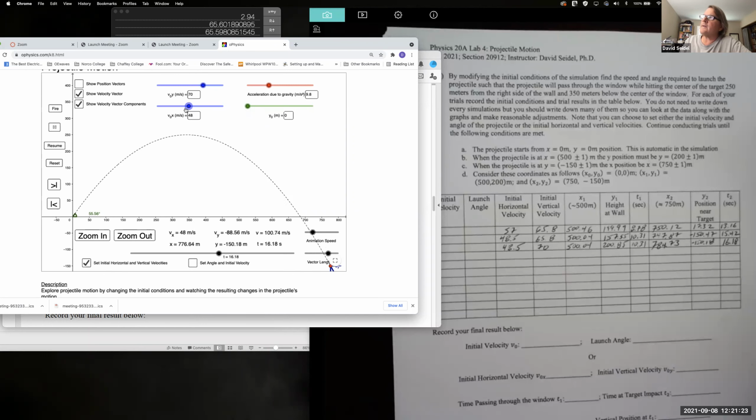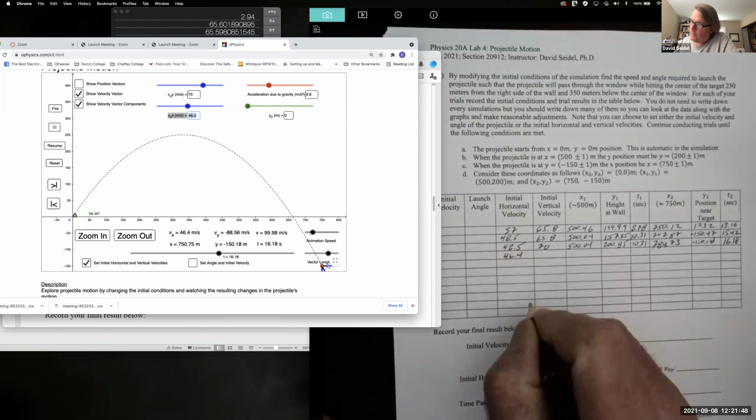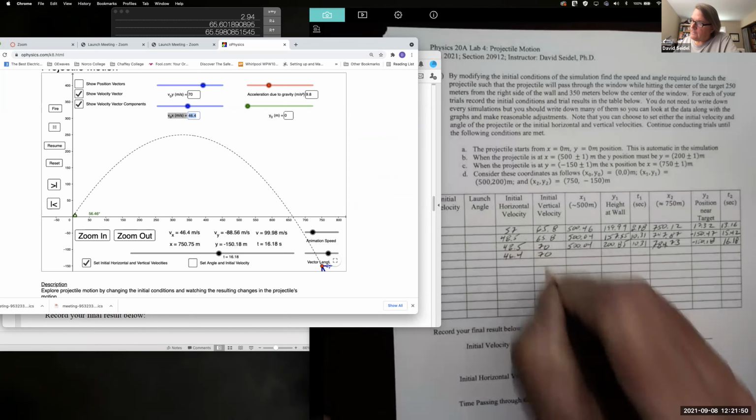So I adjust my x velocity to say 750. Let's call it 46.2. 46.4, that's pretty close. So now I go 46.4 while leaving the 70 constant.